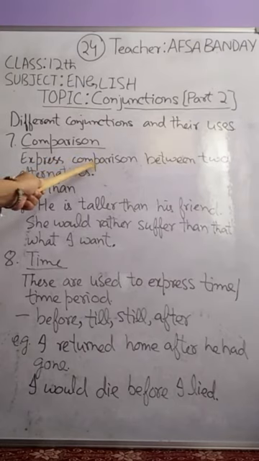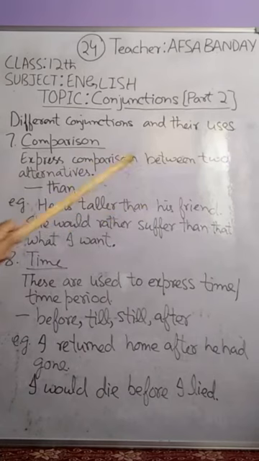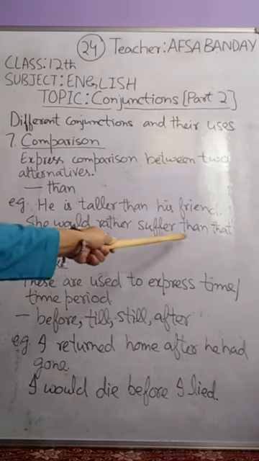Or she would rather suffer than that what I want. So here again there is a comparison between her suffering and what I want. So again we have used than.